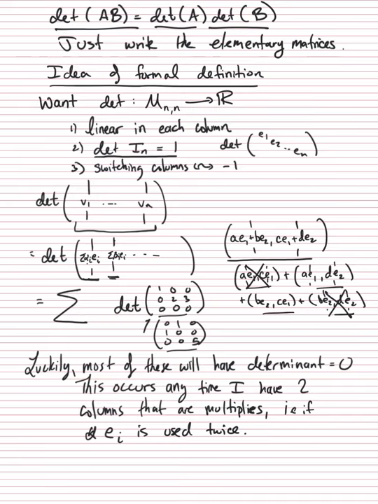Right? Because if it satisfies the property of linearity, it has to satisfy the property that if I have one column that's a multiple of another, then I get 0. So these are the only two to worry about.